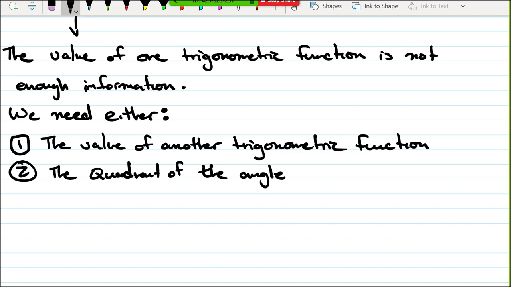So the minimal set of information we need then is either one more trigonometric function or just the quadrant that the angle is in. And if we have either of those two things, that's sufficient to determine the values of those trigonometric functions.